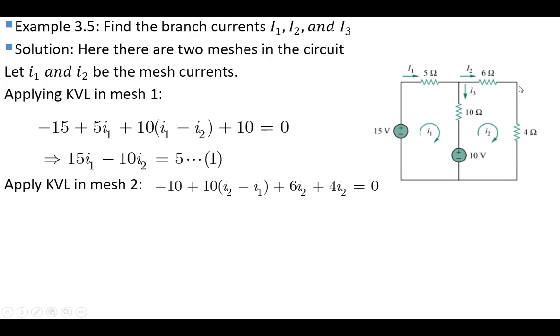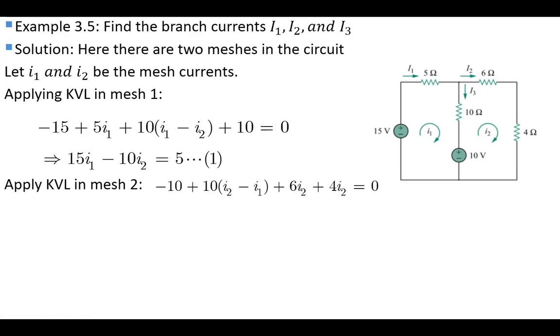Then from this element we go downward in the clockwise direction and encounter the 4 ohm resistance. Again, it is only connected to mesh number 2, so the voltage is V equal to IR, with I being I2 and resistance 4. So plus 4 I2 is equal to 0. This is the equation for mesh number 2.